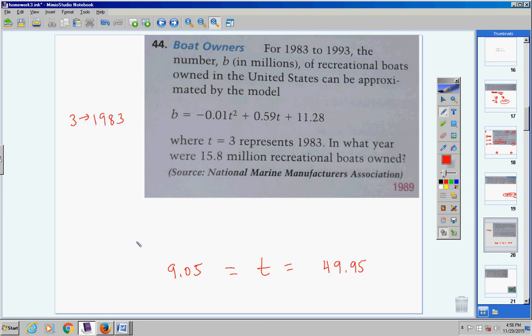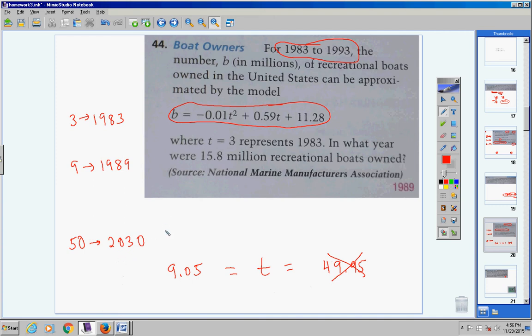So 9.05 would correspond with 1989. 49.9, that's basically 50. 50 would correspond with 2030. Now, this model right here is good from 83 to 93, okay? So we can discard this answer because this answer here is telling us the year will be 2030.